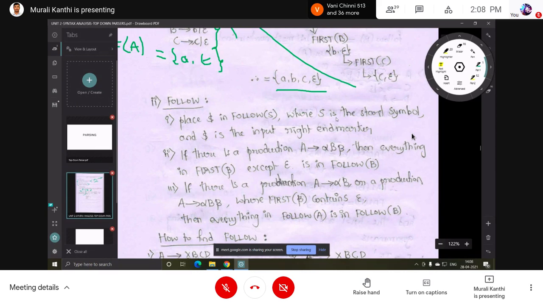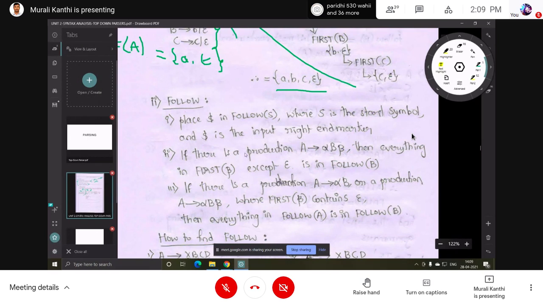If the symbol for which you are going to find the follow set is the starting symbol of the grammar, place this dollar in the set. That is the first rule. And this dollar is the input right end marker. This indicates the end of the string.